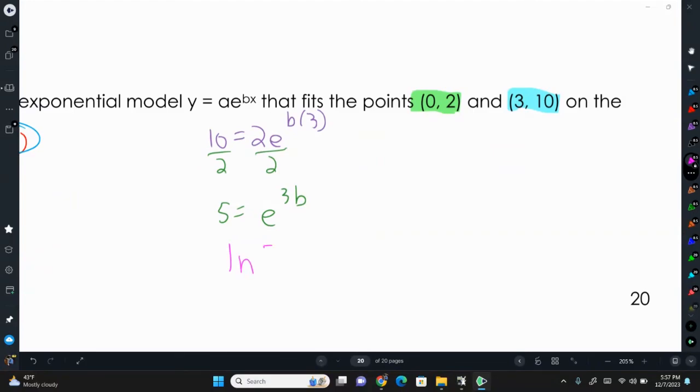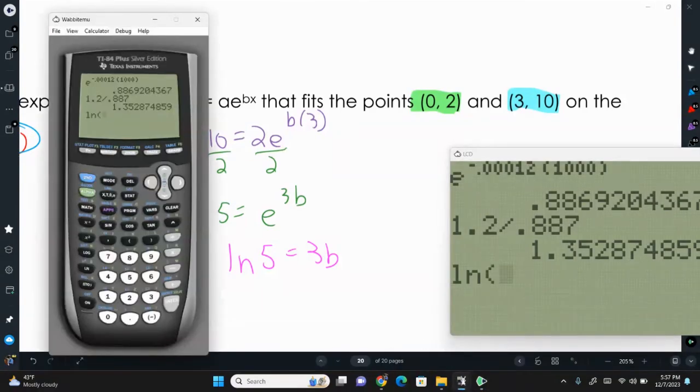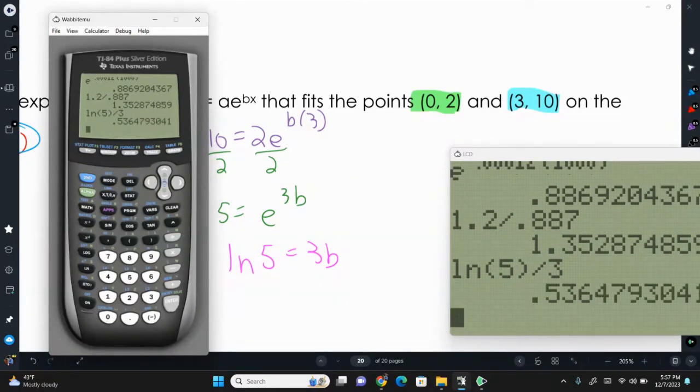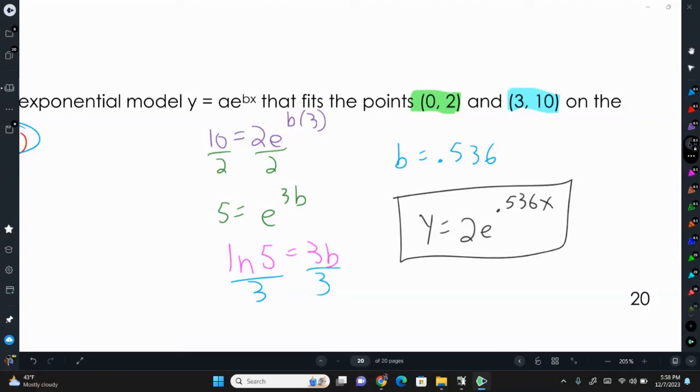Log base e, ln of 5 equals 3b. Now we're going to type that into our calculator, ln of 5, and divide both sides by 3. So I'll just do that in one step. b is equal to 0.536. So my model will be y equals 2e to the 0.536x power. That function has both of those points that lie on the graph.